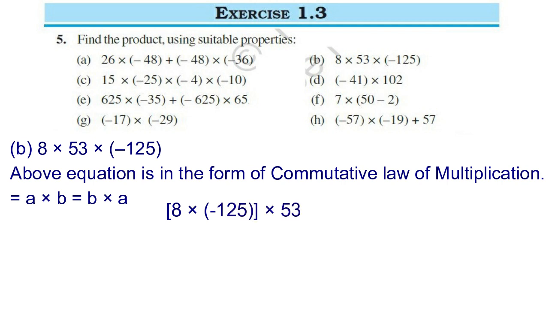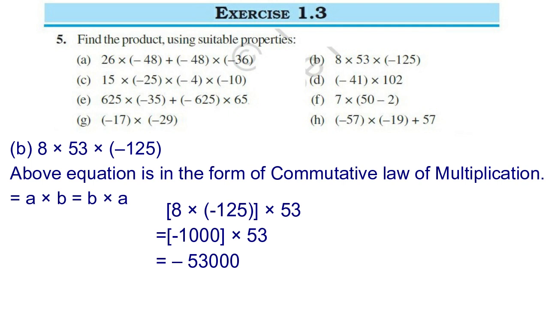After that we multiply 53. I think it is easier because the multiplication of minus 125 and 8 gives minus 1000, which is easier to multiply with 53. So after multiplying minus 1000 into 53, we get minus 53,000.